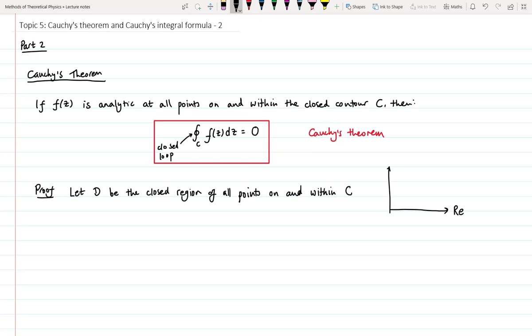This is the real and imaginary axes, and our contour C is closed. Might look like this. That is C. We denote the region on and within C by the letter D.